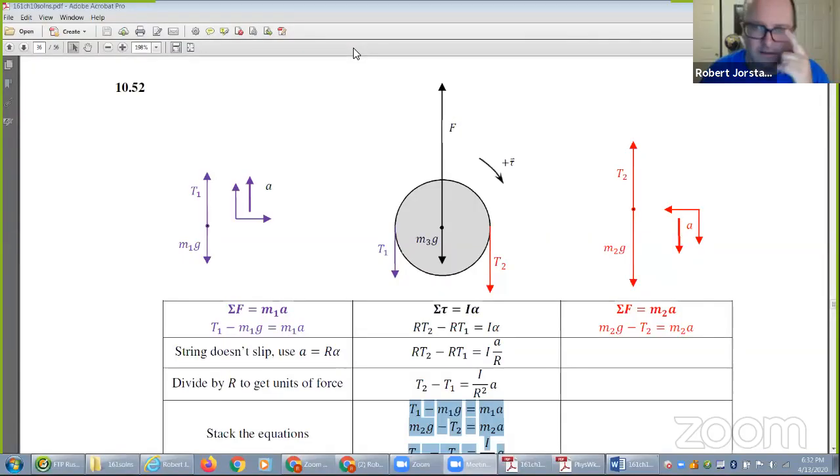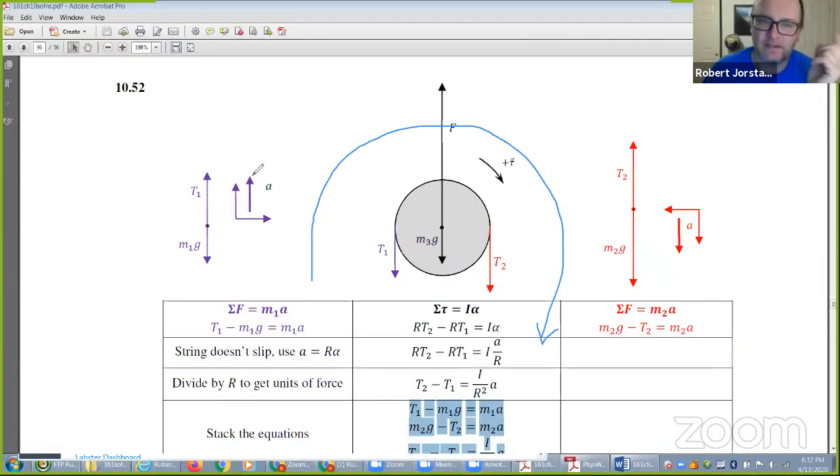The issue is if you align your coordinate system all the time, in my problem, I said everything going this way is positive, because this is going that way, this is going that way, this is going that way.